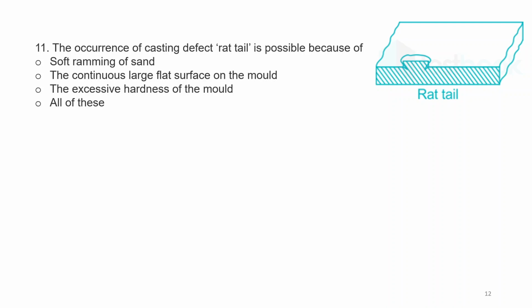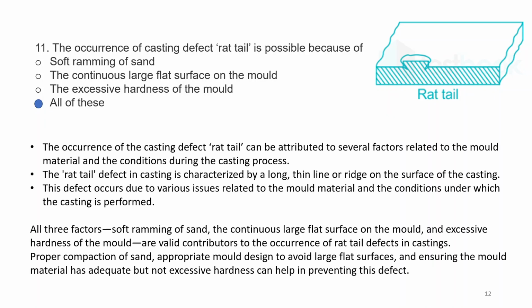Next question is, the occurrence of casting defect rat tail is possible because of. Options are soft ramming of sand, the continuous large flat surface on the mold, the excessive hardness of the mold, or all of these. So answer will be all of these. The occurrence of the casting defect rat tail can be attributed to several factors related to mold material and the conditions during the casting process.